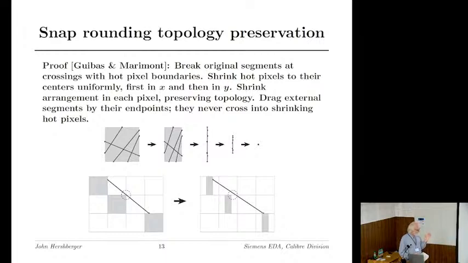And since every point on this line segment is a convex combination of the endpoints, then that means that each of those internal segments is moving left or right with a speed of at most 1. And since the corners of the hot pixels are contracting inward at speed exactly 1, anything that starts outside can never cross to inside.